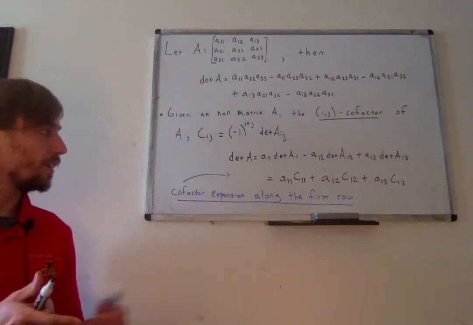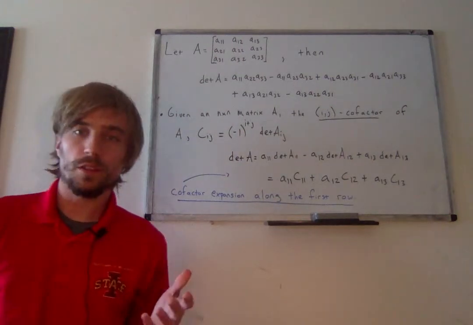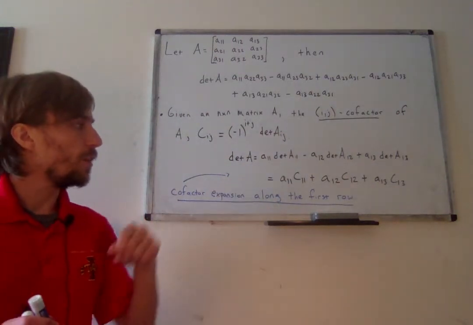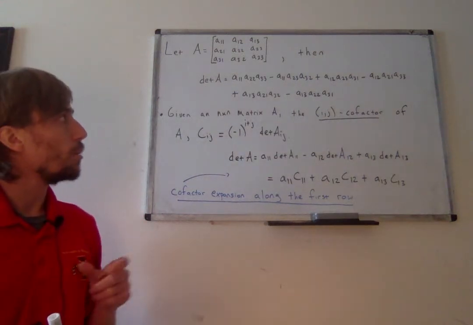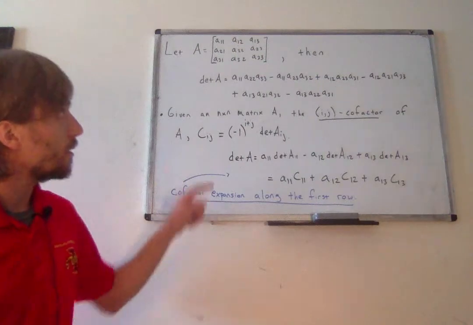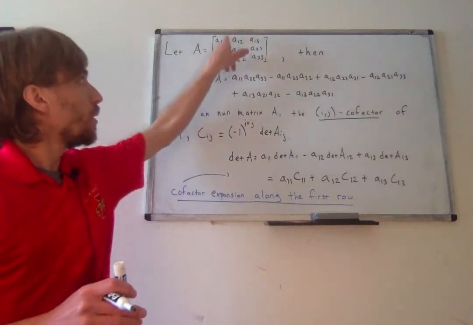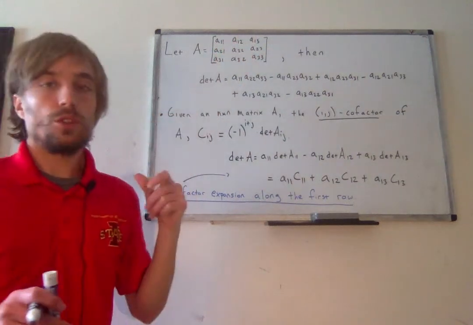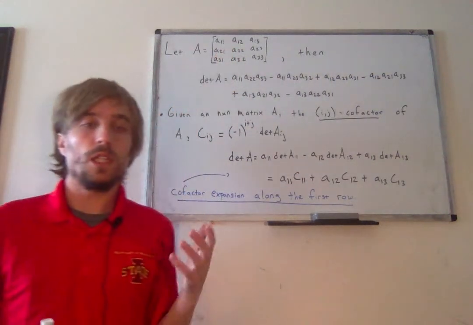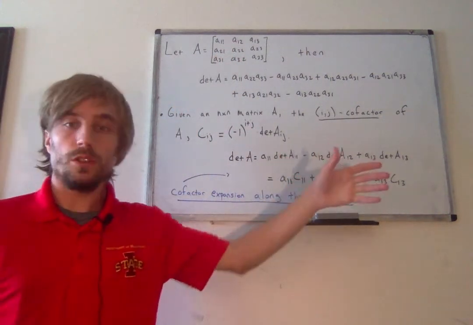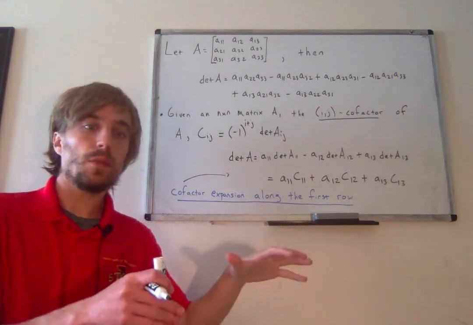There are going to be multiple methods of calculating determinants, and this method is called cofactor expansion along the first row. The reason is that when you're working through it, we're always working across the first row to determine not only this term here, but the submatrix that we use in calculating each of these smaller determinants. You can think of it as the first row deciding what's going to happen.